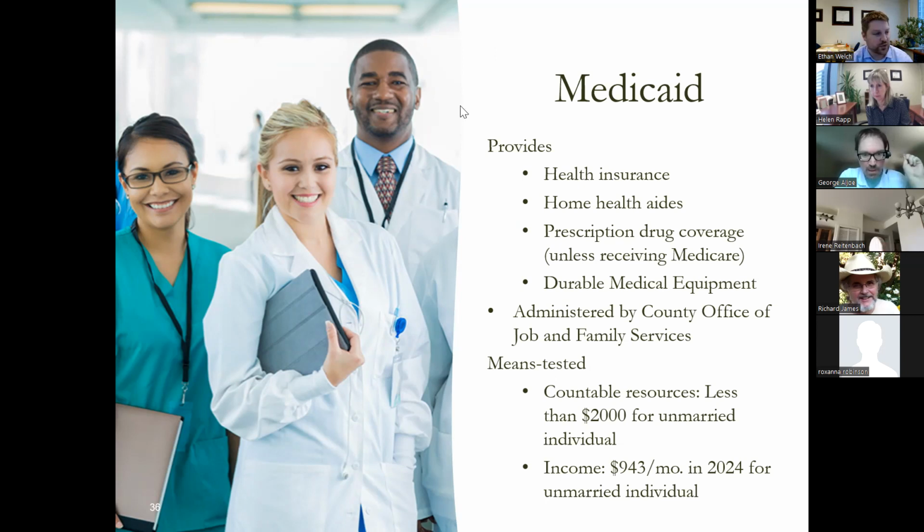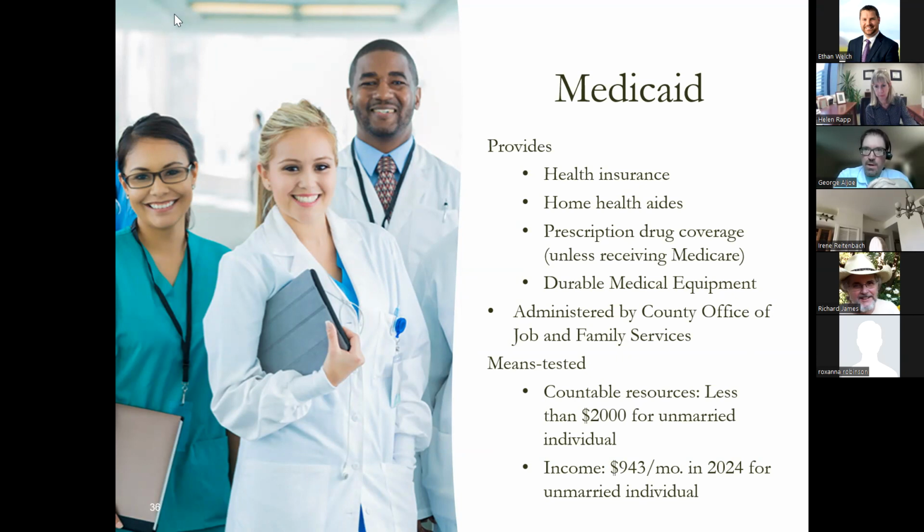Here's another question, George. Can the trustee purchase additional medical insurance for the beneficiary to meet their needs? Will this affect Medicare or SSI? So the answer is maybe. In general, the way that the insurance works with Medicare and Medicaid is that Medicaid is always going to be the insurer of last resort.